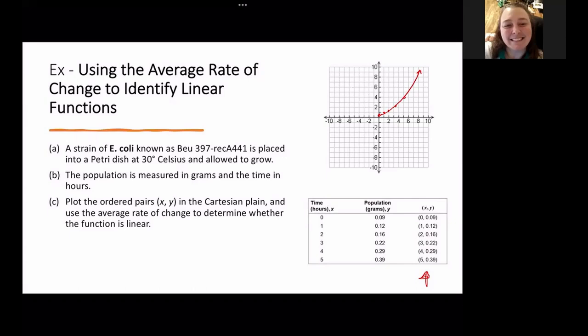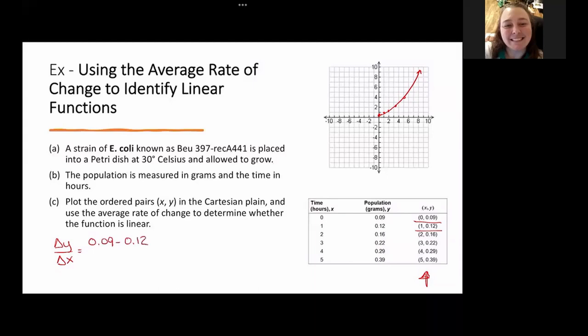Now, in order to determine, it doesn't look like it's linear, but let's make sure by using the average rate of change function. So delta y over delta x. Let's take the first 2 points. So we'll take that one and that one. So we've got 0.09 minus 0.12 divided by 0 minus 1.